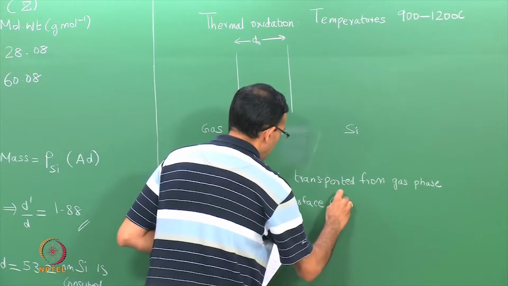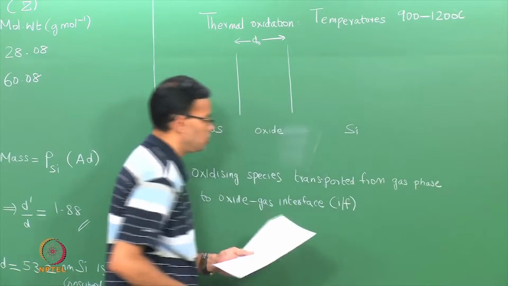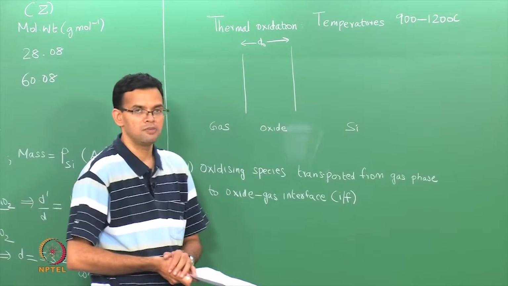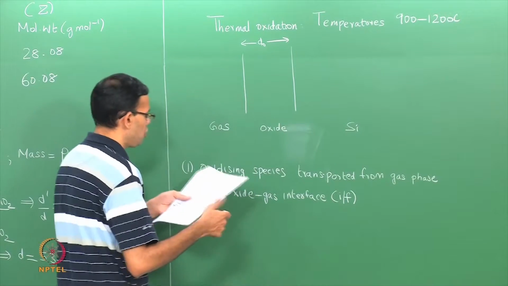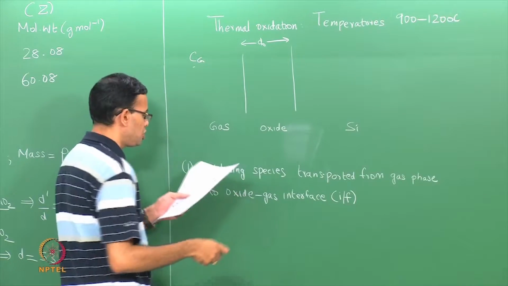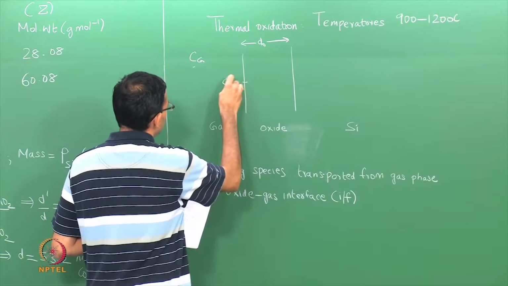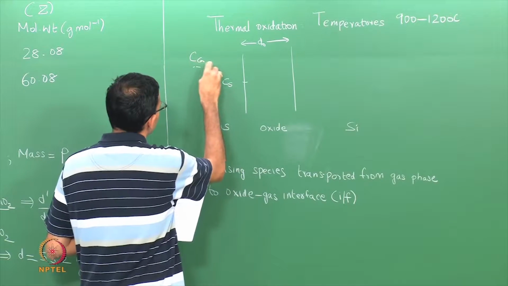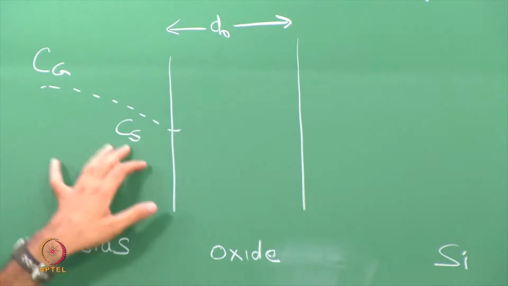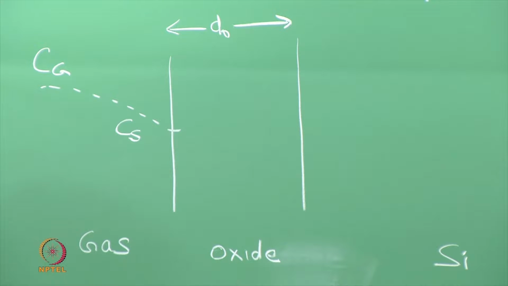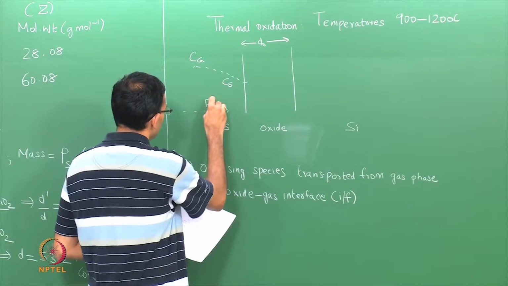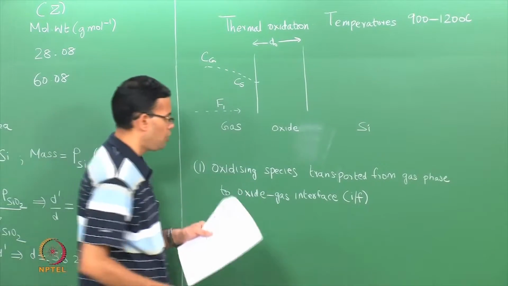I will use IF in future to denote an interface. So, let Cg be the bulk composition and Cs is the surface composition. There must be some transport of the species to the interface so that it can diffuse. So, let F1 be the flux corresponding to it.